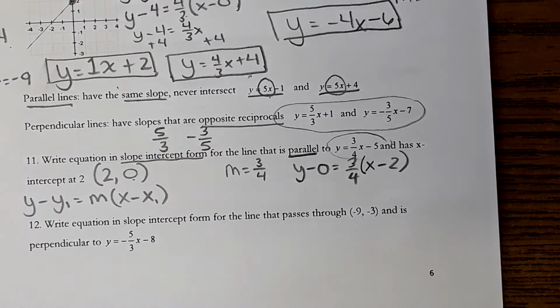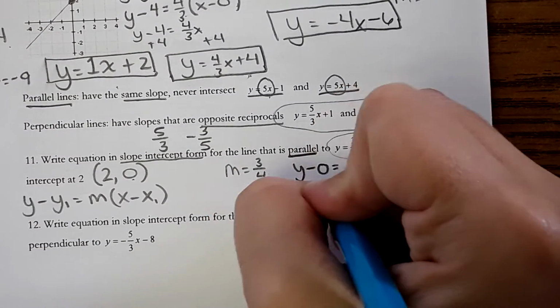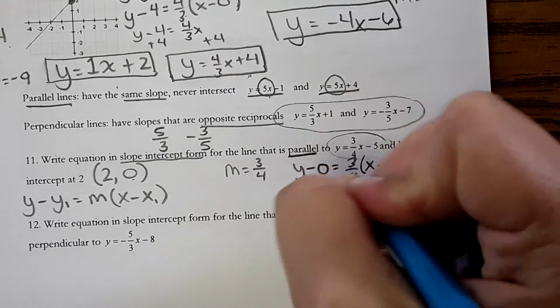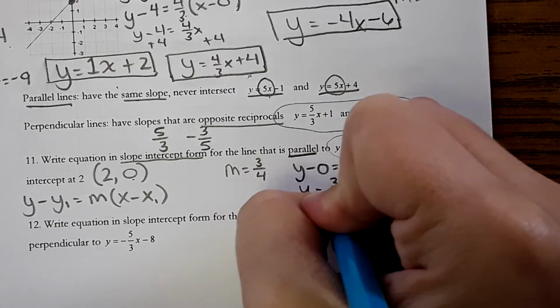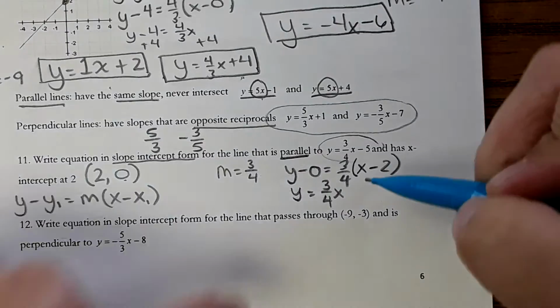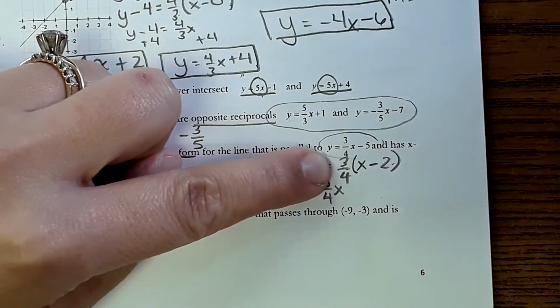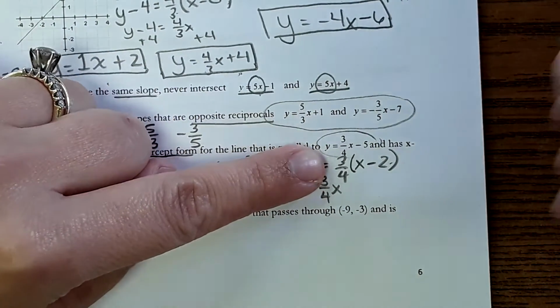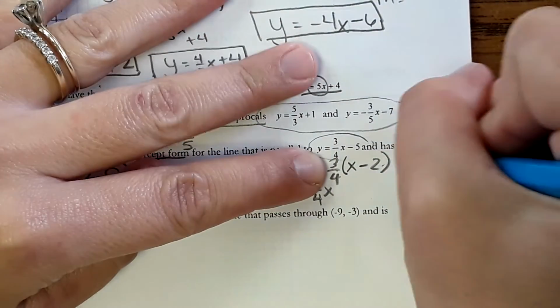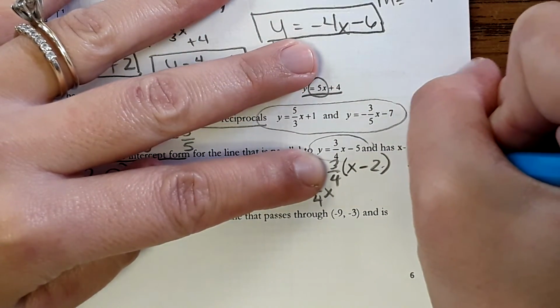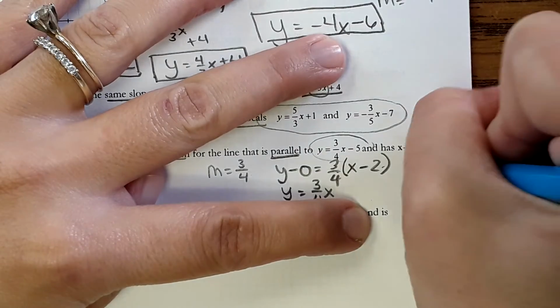And then I will simplify and solve. So y minus 0 is just going to be y equals 3/4 times x is 3/4 x. Then I have 3/4 times negative 2. We're going to multiply the fraction. So 3/4 times negative 2 over 1.